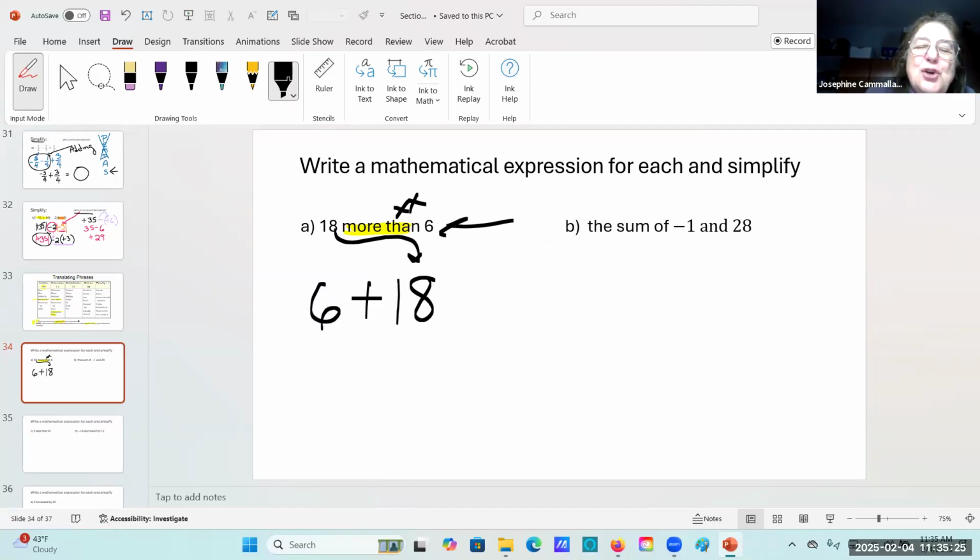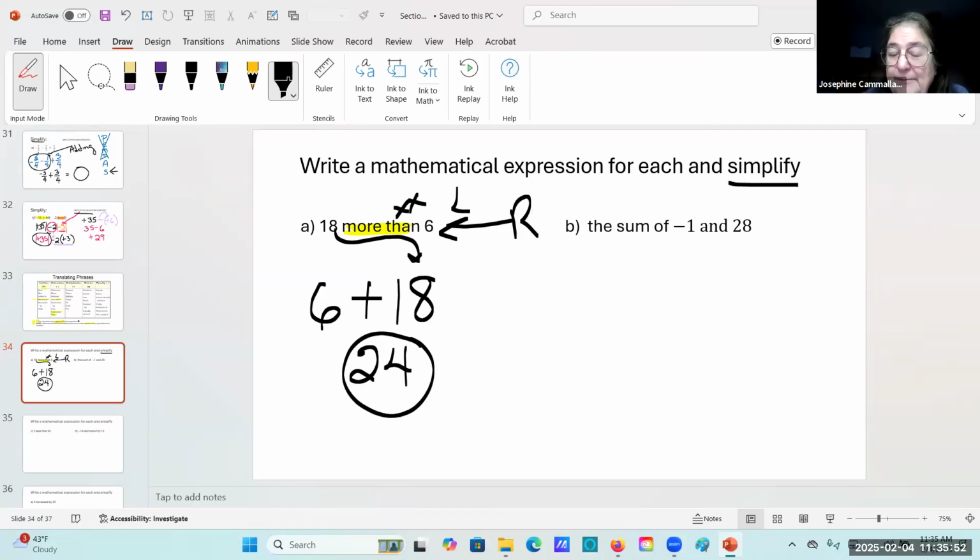In English, we read it 18 more than 6. Well, when we write it from right to left, 18 goes behind the plus symbol. 6 goes in front. Now, when you simplify, hopefully you know that you get the answer of 18.